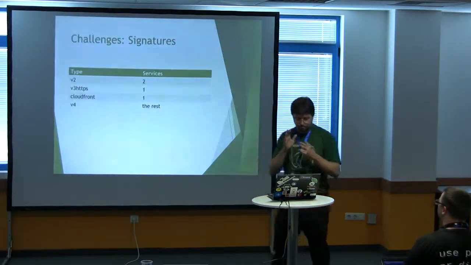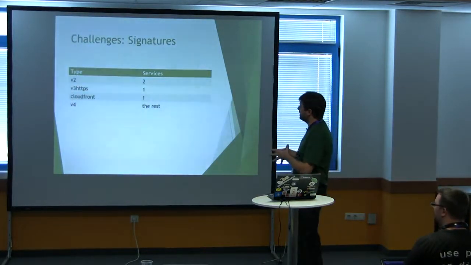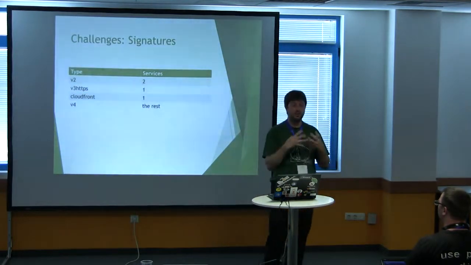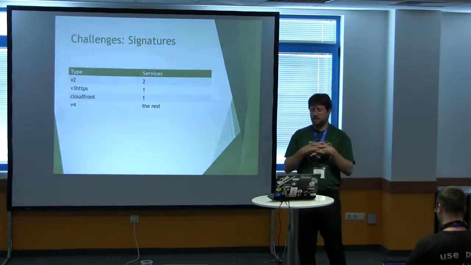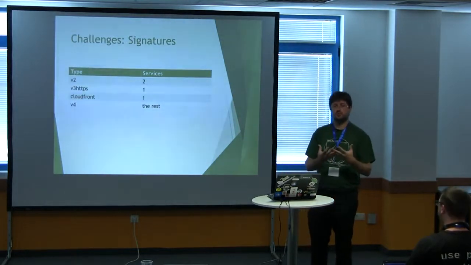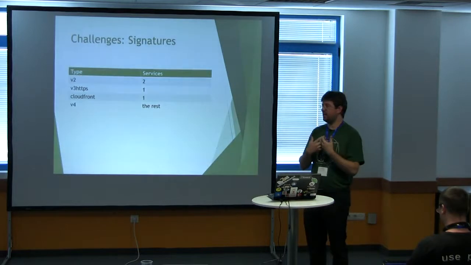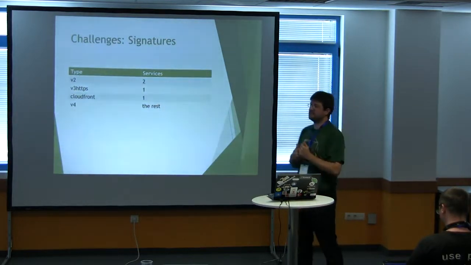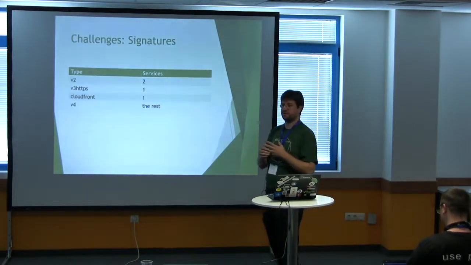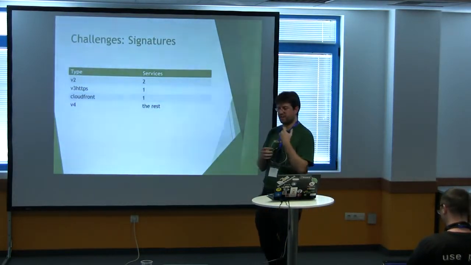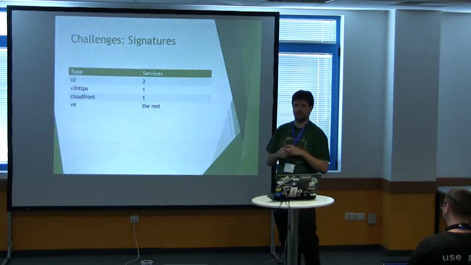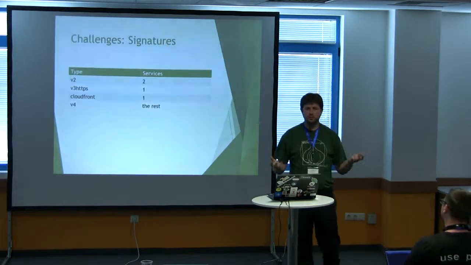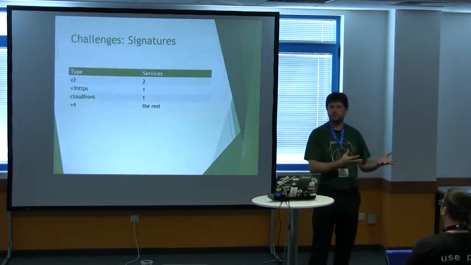So, signatures. The thing is that your access key and your secret key identify you, and they have their permissions attached to them. For each type of web service, you sign your request with your access key and your secret key. Why aren't we using normal user and password?